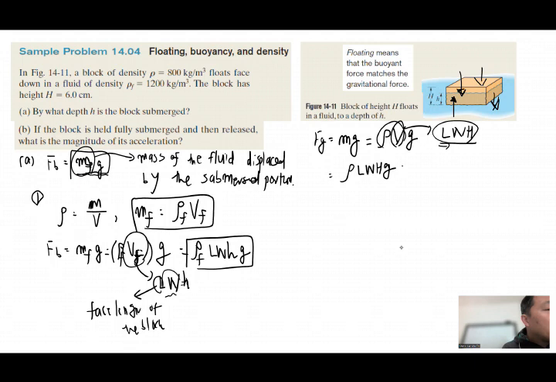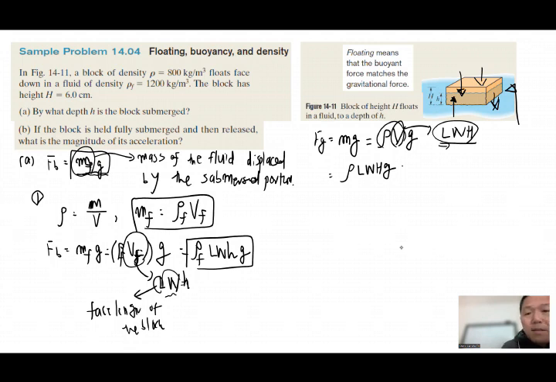The floating block is stationary. That means the upward force and downward force stay in balance. If you apply Newton's second law along the y-axis, the vertical direction, the net force should equal 0, because there is no upward or downward movement. So the gravitational force and the buoyant force are in balance.